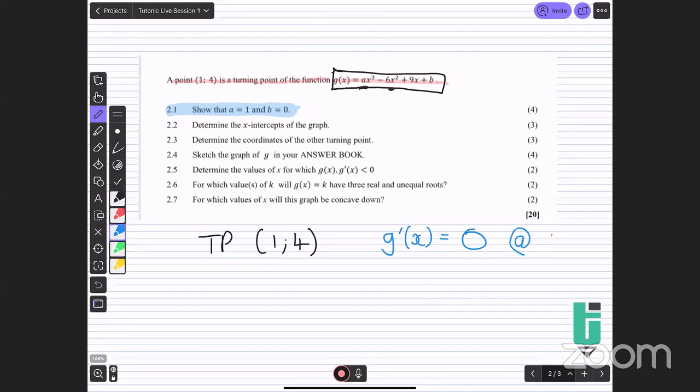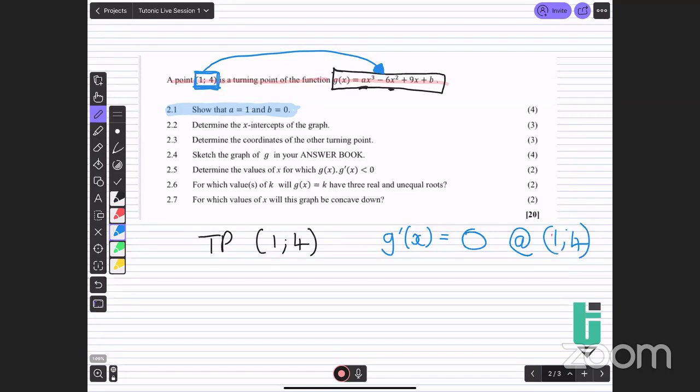at 1, 4. And Nafisa also said that 1, 4 is also a point in this function. So can't we just sub in 1, 4 into here? You guys see? Okay. So if you sub in, what do you get?